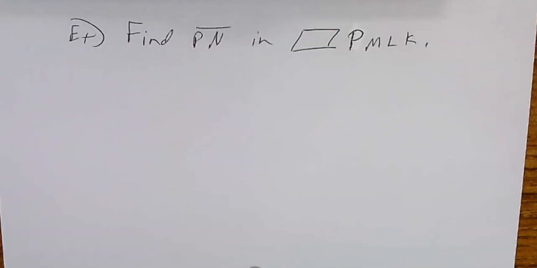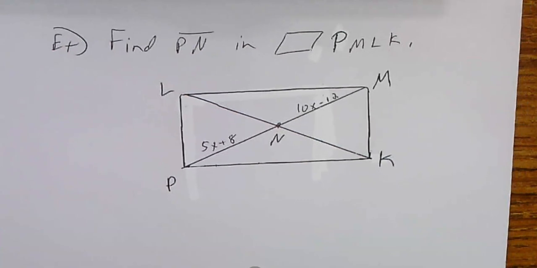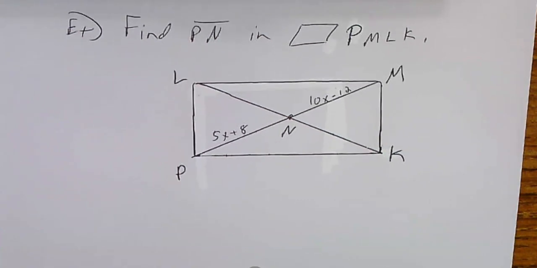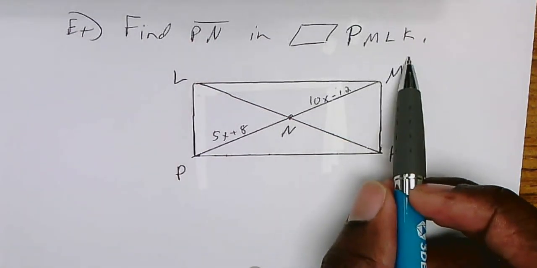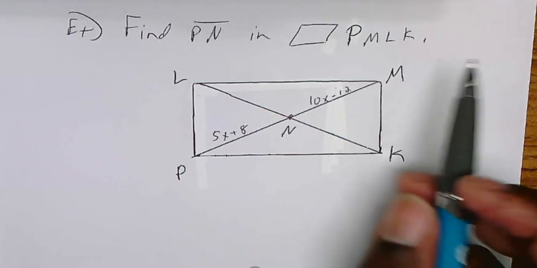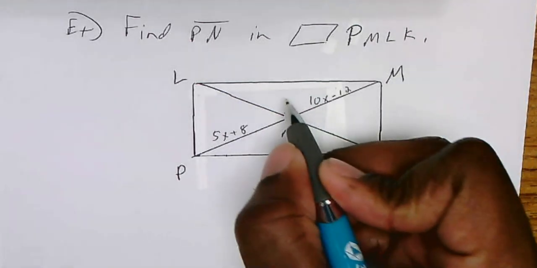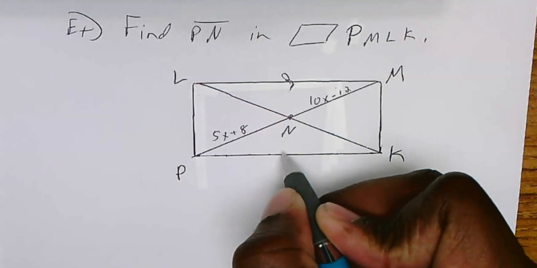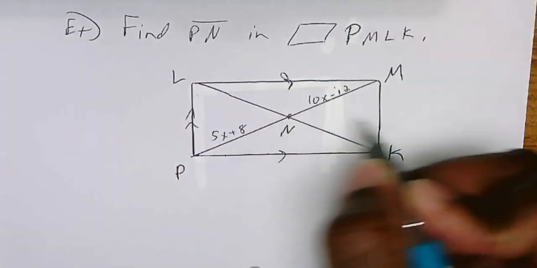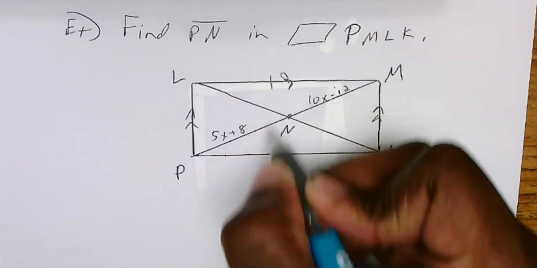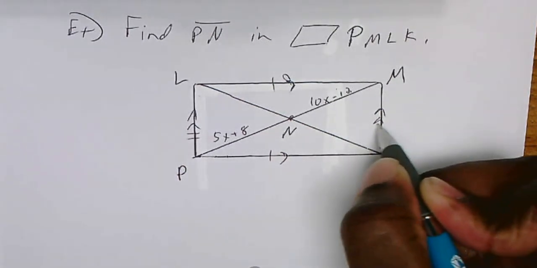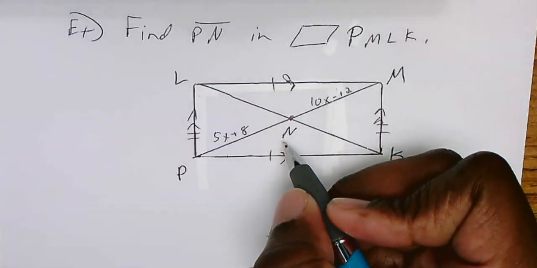All right, it says find PN in parallelogram PMLK. So by saying it's a parallelogram, I know these sides are parallel, these sides are parallel, these sides are congruent, and I know the diagonals bisect each other.